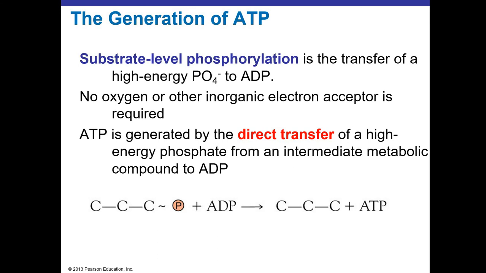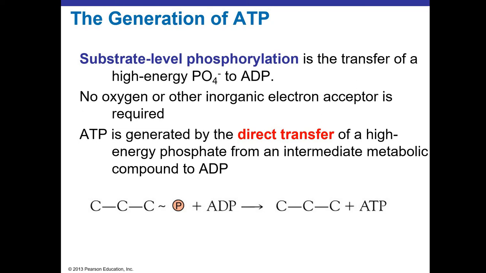The first type, substrate level phosphorylation, is when you transfer a high energy phosphate to ADP, but it comes directly from another molecule that it is attached to. So we see here a carbon backbone, and it has an unstable phosphate attached. It is going to be very willing to give up that phosphate if ADP is around.